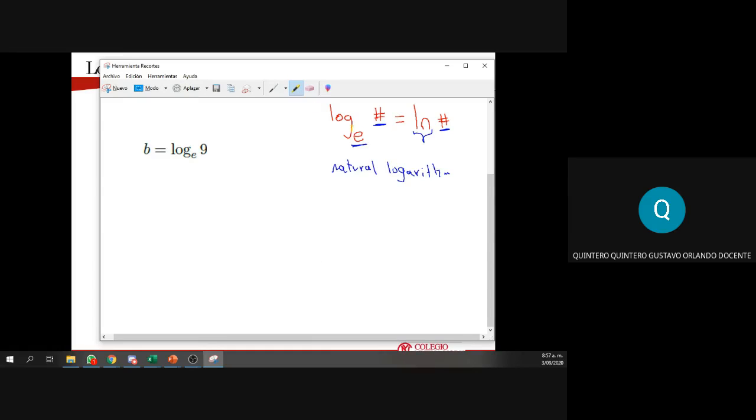But the reason why it is special is because this letter e is a value that is special for us. Just like in mathematics, the value pi is a special value for us. This is not a variable. This is a value, a number, 3 point something. This is a really specific and really important value for us in mathematics.